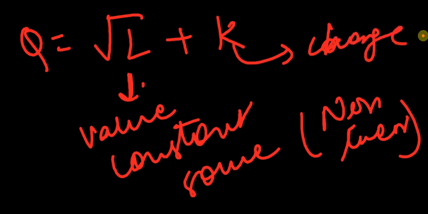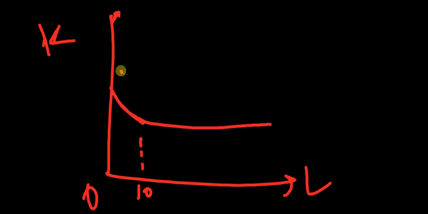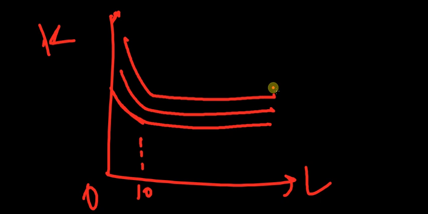So how does my function look like? So labor is fixed at some level. Suppose at 10 it's fixed, so it's like this. This is the shape of my isoquants.